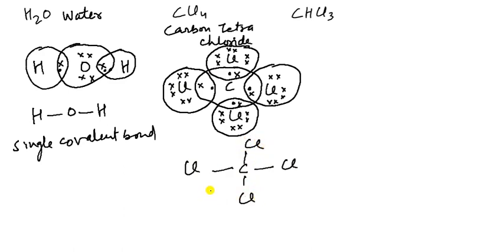And the carbon shares with these electrons like this. So Cl, single bond carbon, single bond Cl, with another single bond Cl and single bond Cl. So that one is carbon tetrachloride.